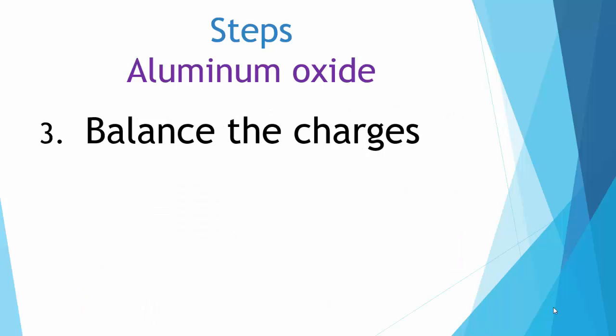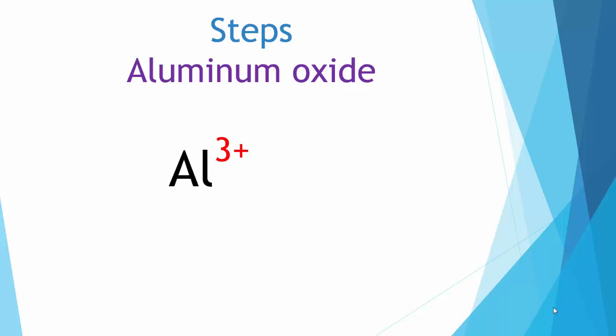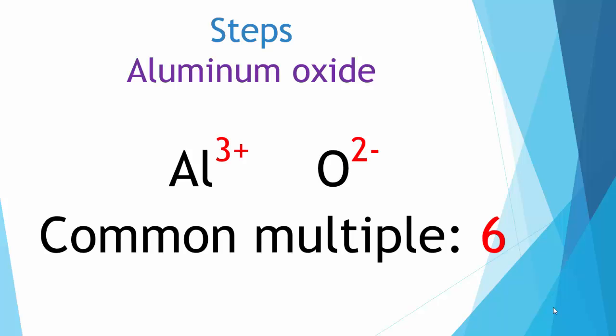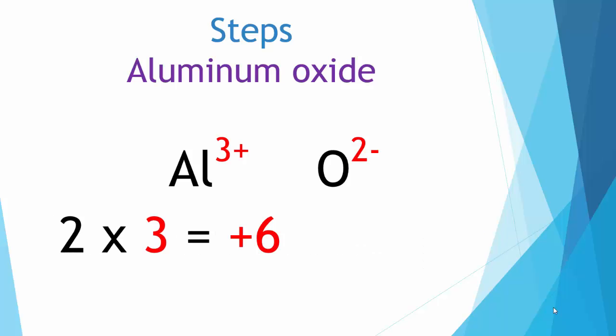Now we go and balance the charges, and we see that aluminum at 3 plus is not going to be completely balanced by oxygen 2 minus. But they have a common multiple of 6. So if I multiply the positive 3 by 2, I get a positive 6 charge. I multiply the negative 2 by 3, I get a negative 6 charge.